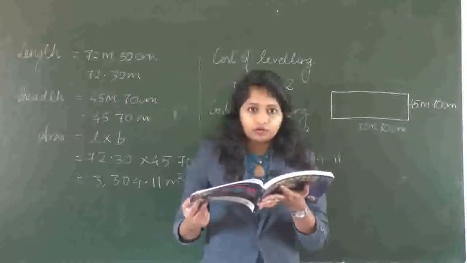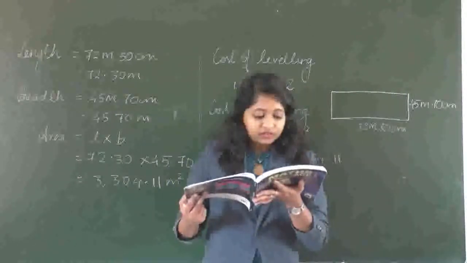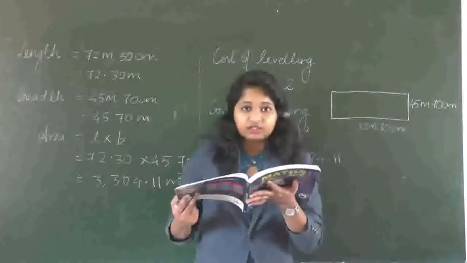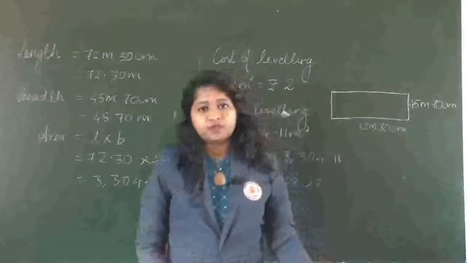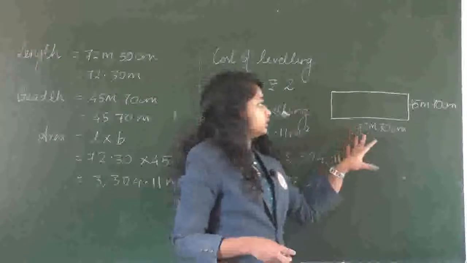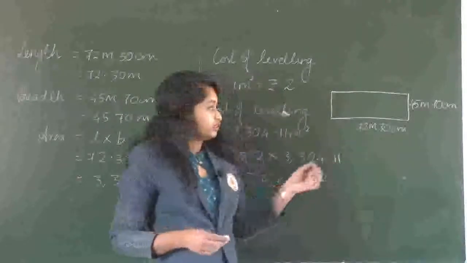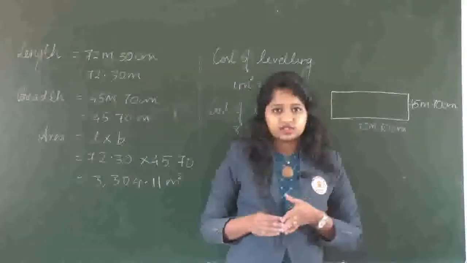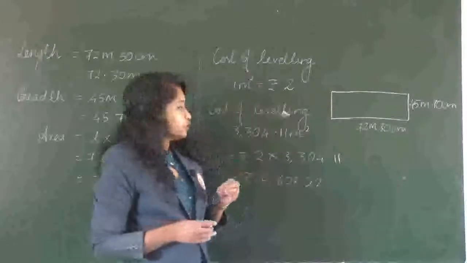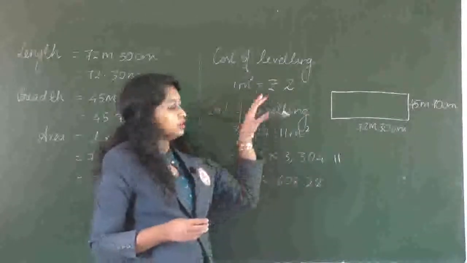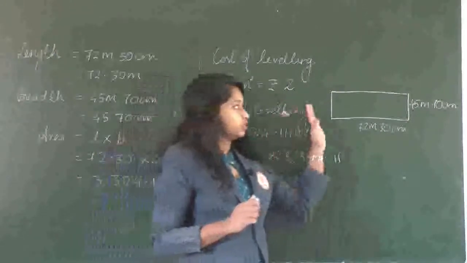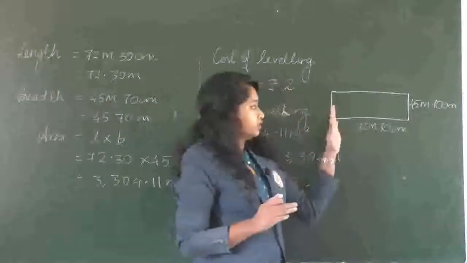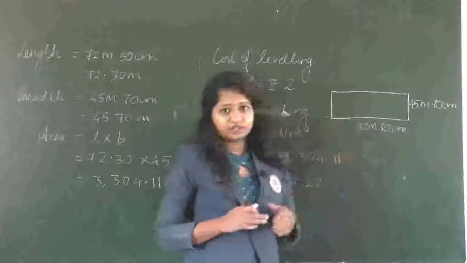Find the cost of leveling the garden if the rate of leveling is rupees 2 per square meter. Okay. So here we have a garden. The length and breadth is given and the cost of leveling 1 meter square is given. So we should find the cost of leveling the garden completely.